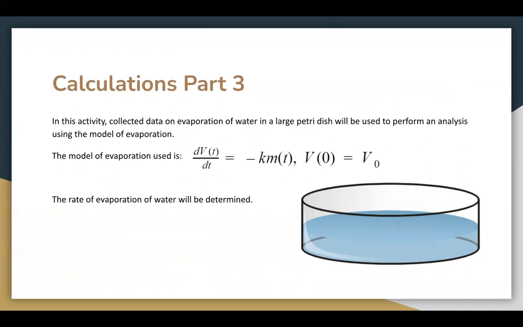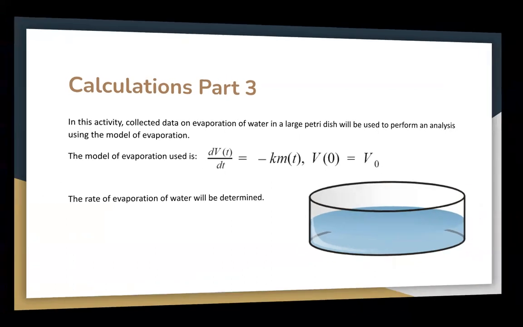Using this equation, we observed this Petri dish over a span of 7 hours, recording at specific intervals the loss of mass the Petri dish had lost, basically.